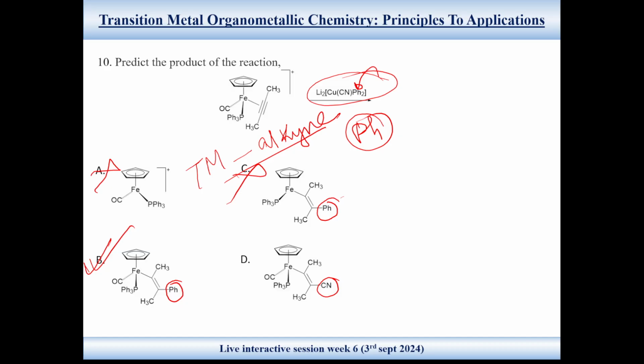So the alkyne in the starting material generally acts as an electron rich species, but as soon as it binds to the metal center it becomes electron deficient. So there is a change of polarity observed.